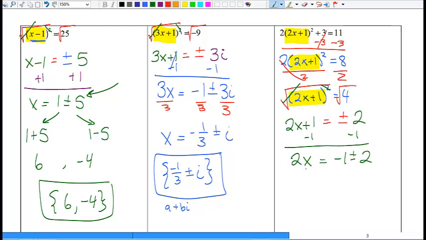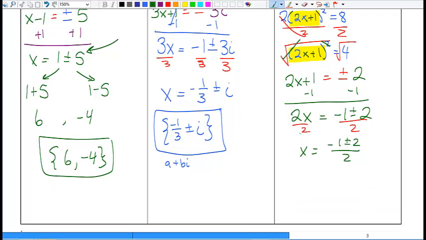Then I'm going to divide both sides by 2, and I get x is equal to negative 1 plus or minus 2 over 2. Now, I have to keep going because I actually know what negative 1 plus 2 is. Earlier, I couldn't do negative 1 plus or minus 3i because I can't add a real number and an i, but I can add two real numbers in the numerator, so I'm going to have to keep going on this problem.